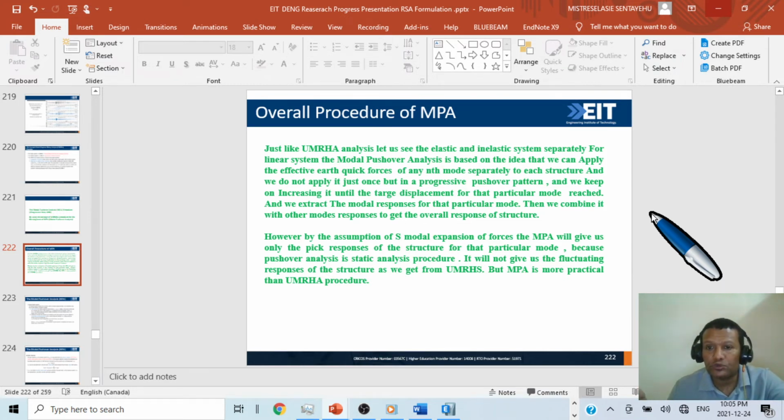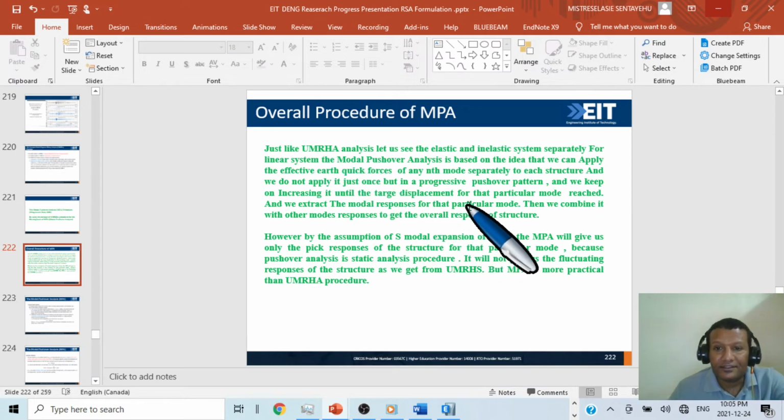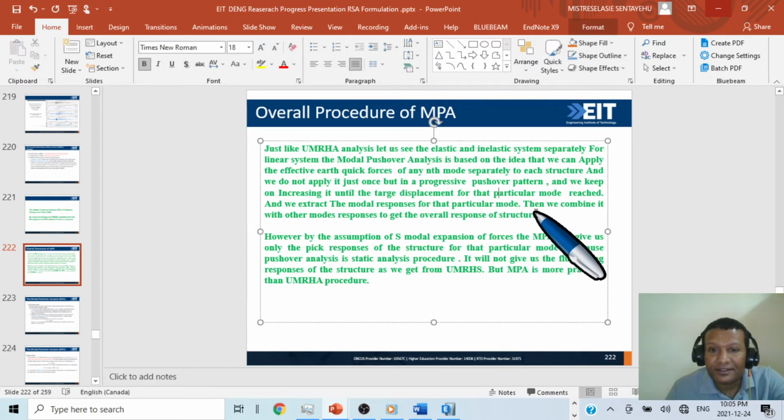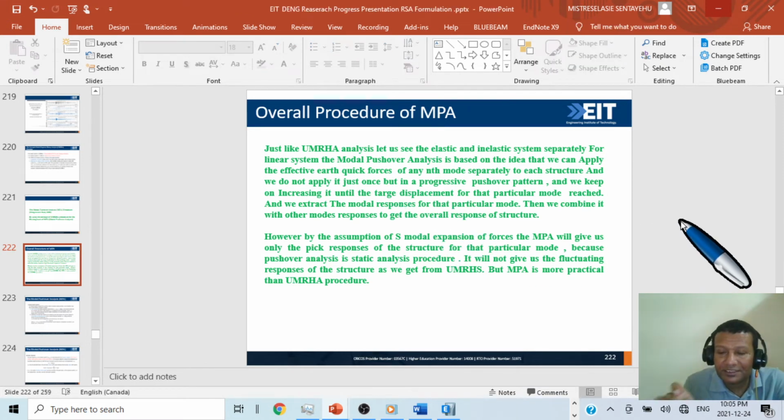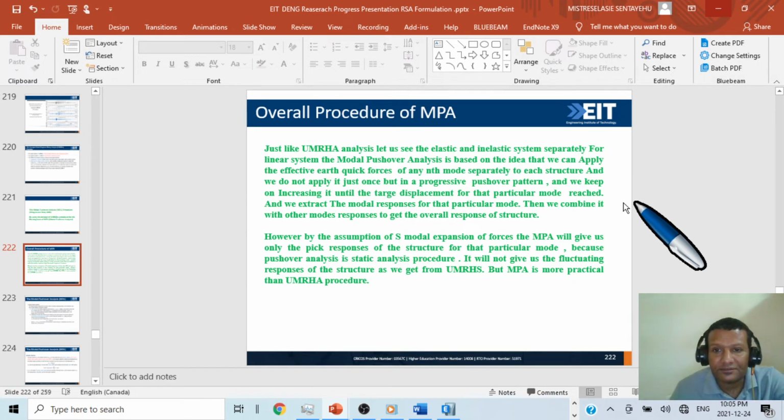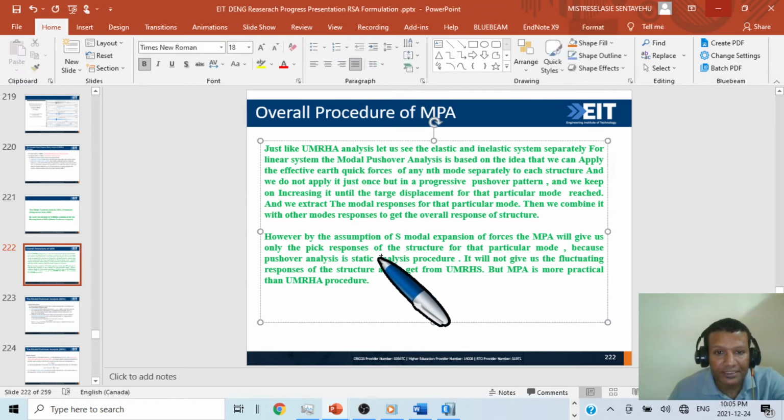We will change it into a hysteresis curve, and we will apply it to a nonlinear single degree of freedom system and apply dynamic analysis. Then from that we will extract the target displacement, because the target displacement we have seen in the first part how to get from two different methods.